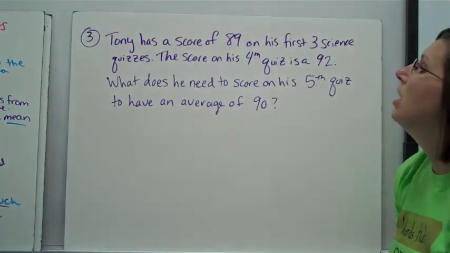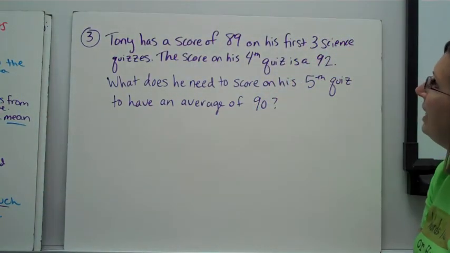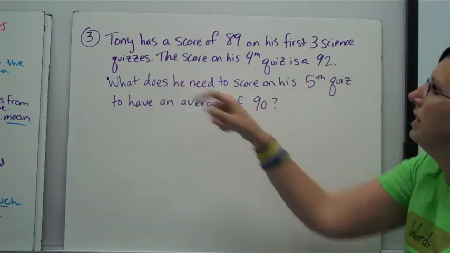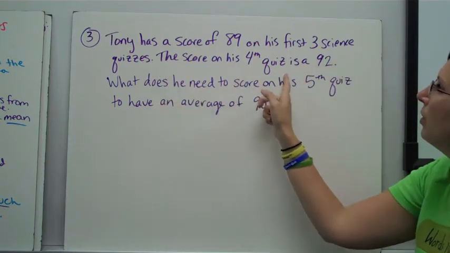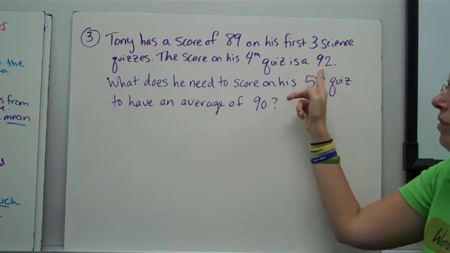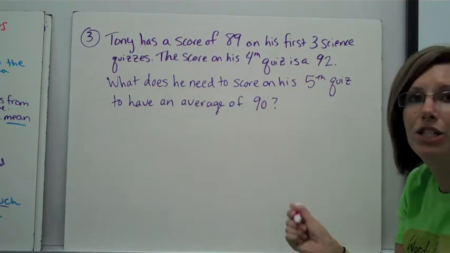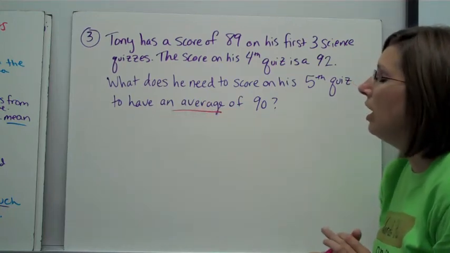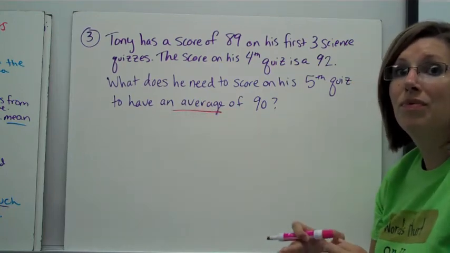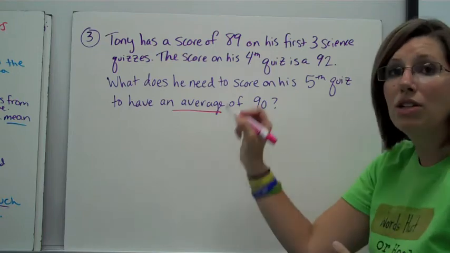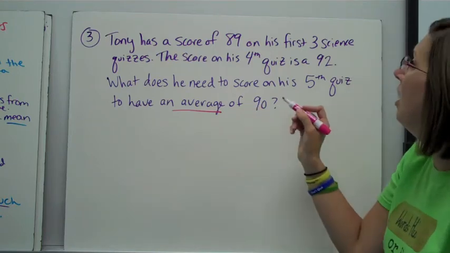Number 3. Tony has a score of 89 on his first 3 science quizzes. The score on his 4th quiz is a 92. What does he need to score on his 5th quiz to have an average of 90? So it's really important that we read the question thoroughly and circle keywords.